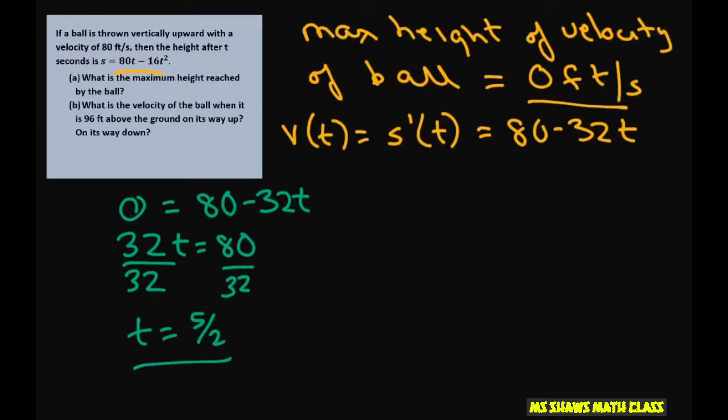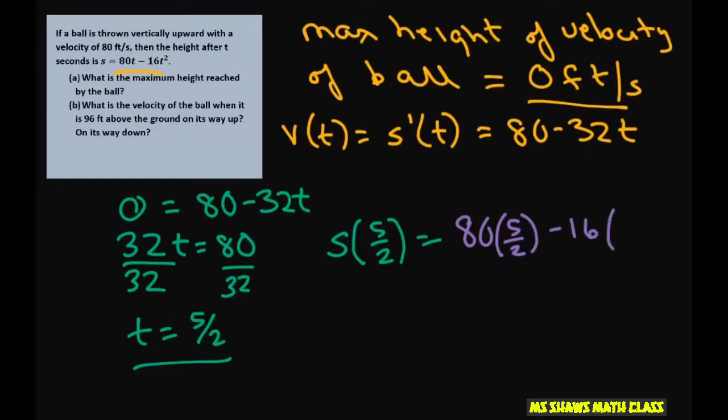Okay, so the maximum height, which is like your y value, if t is your x value, you're just going to plug it into your first equation. So s of 5/2 equals 80 times 5 divided by 2 minus 16 times 5 divided by 2 squared, and that's going to give you 200 minus 100, which equals 100 feet.